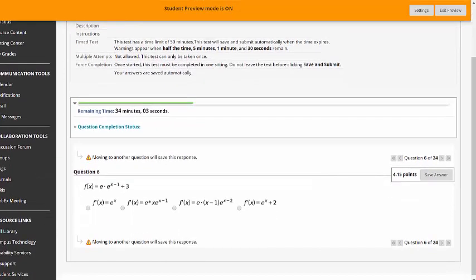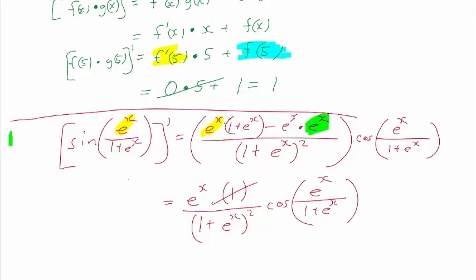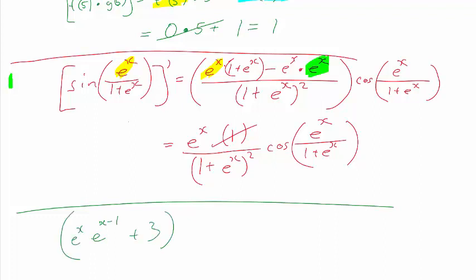So here we've got e times e to the x minus 1 plus 3. This one's actually not too terrible. So we've got e to the x minus 1 multiplied by e to the x plus 3, and we're taking the derivative of this.